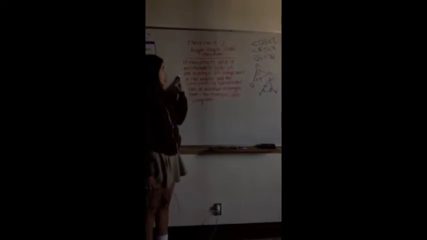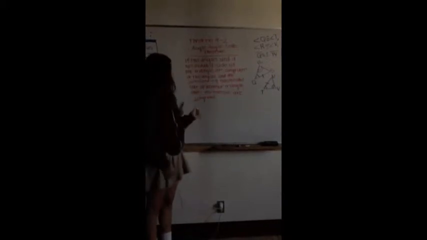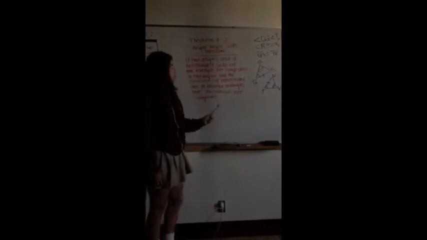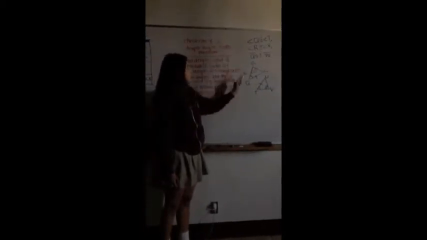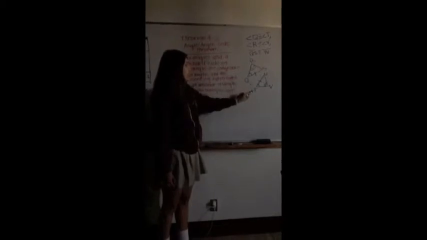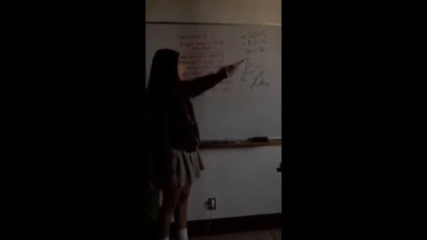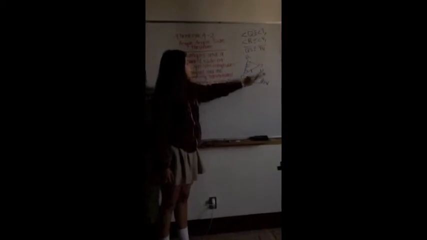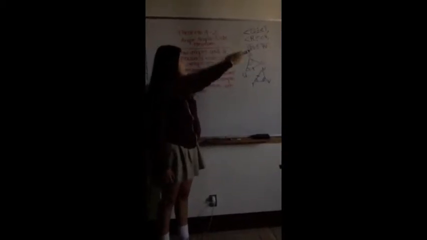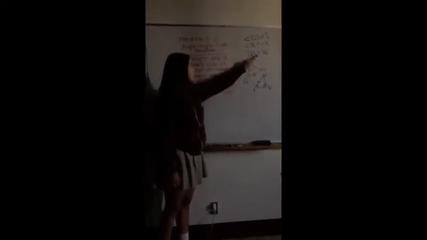Theorem 4.2, the Angle-Angle-Side Theorem, which states if two angles and a non-included side of one triangle are congruent to two angles and the corresponding non-included side of another triangle, then the triangles are congruent. Angle Q is congruent to angle T. Angle R is congruent to angle V. And line segment QS is congruent to line segment TU.